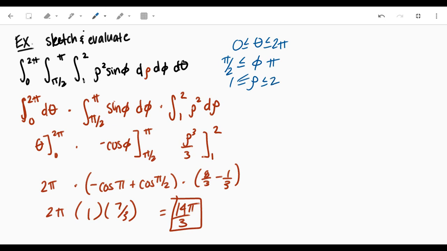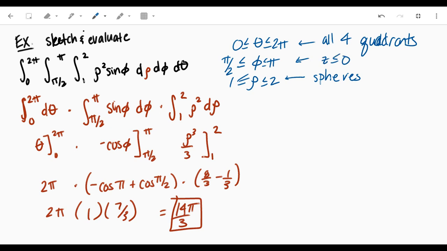Okay, so again, this tells me that we've got concentric spheres all the way around, so all 4 quadrants. And the fact that phi is between pi over 2 and pi means that I have only negative z's.